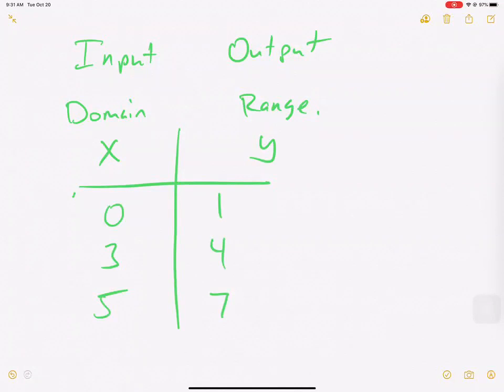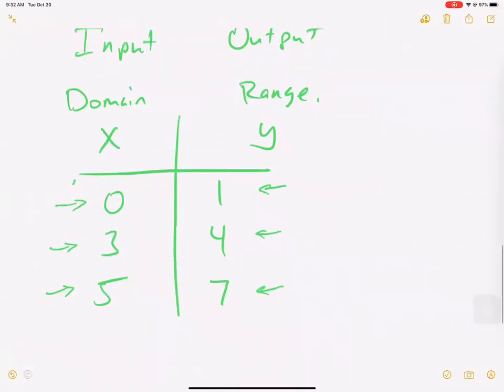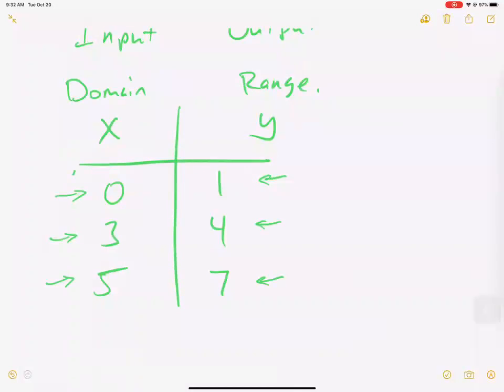Your domain and your range. Well, that means for all the inputs here, my possible outputs are here. All they're saying is the domain and range are your inputs and outputs. What possibilities do we have for input and what possibilities do we have for output?